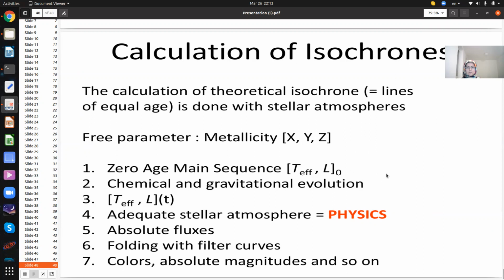We have the zero age main sequence, T effective and luminosity, and this is chemical and gravitational evolution, and T effective and luminosity. T effective and absolute stellar atmospheres, these two are related to physics. Absolute flux, folding with filter curves, colors, absolute magnitudes, and so on.